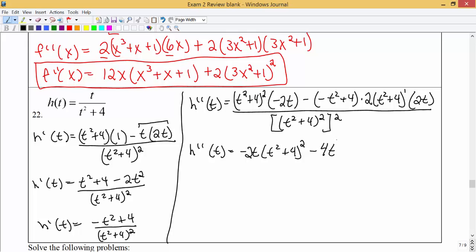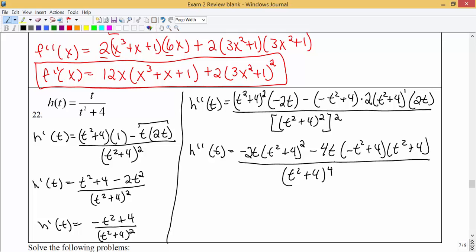That's going to be 4t, and then I'm going to write the groups negative 2t plus 4, and then t squared plus 4 multiplied behind it, and then I'm going to divide all of that. Now we have something squared, and then we squared it again, so that's raised to the power of 4. And this is where we will stop.